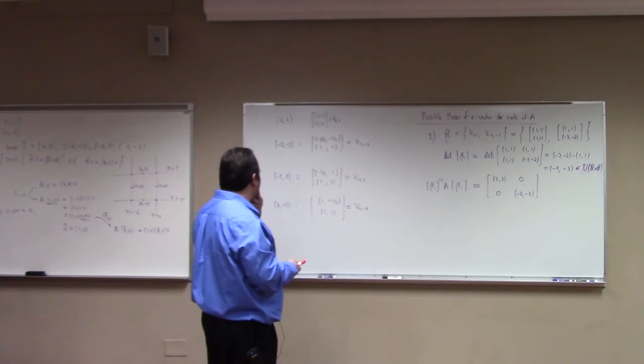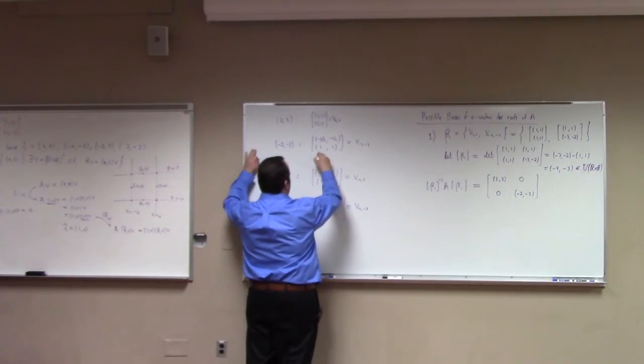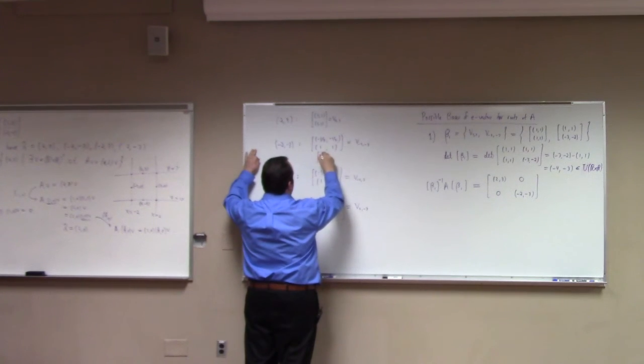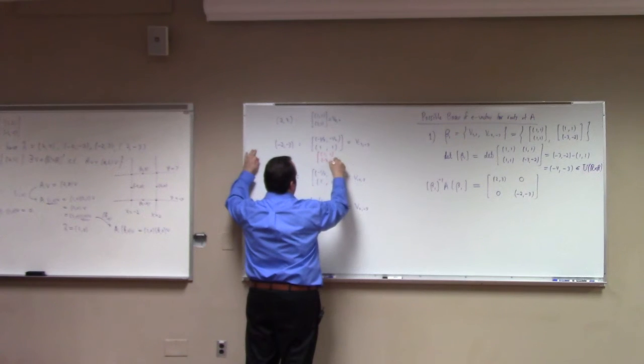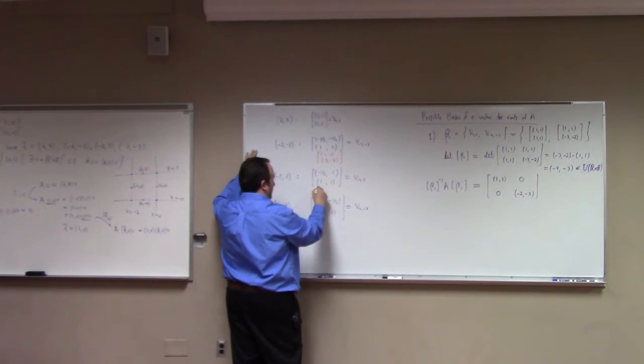So I'm going to put a reformulation of this. This is 1, 1, minus 3, minus 2, right? And this one we could look at instead as what?